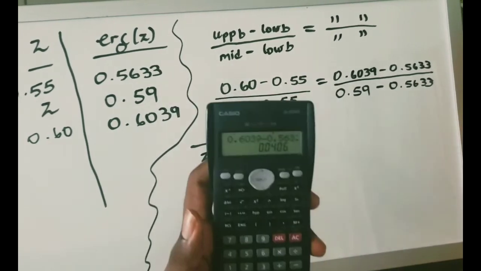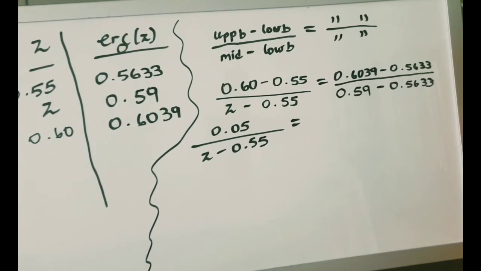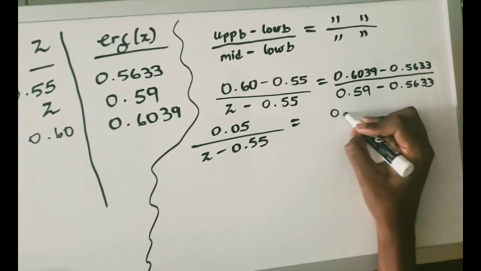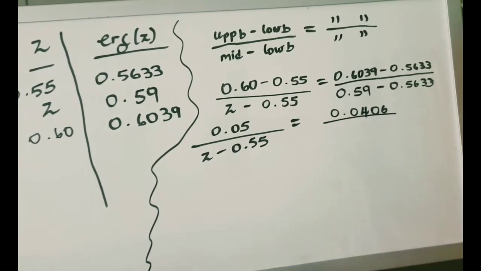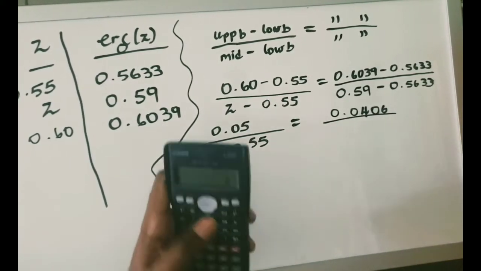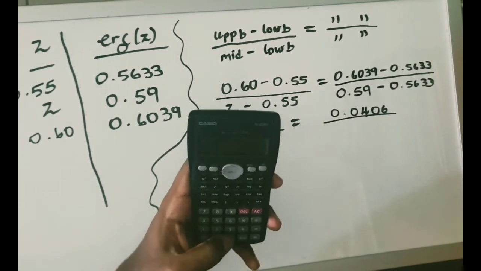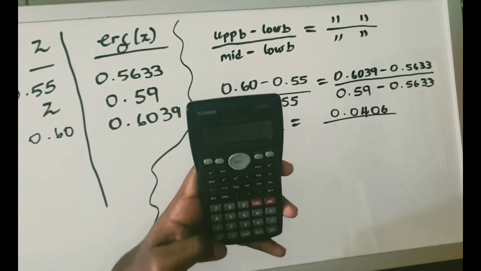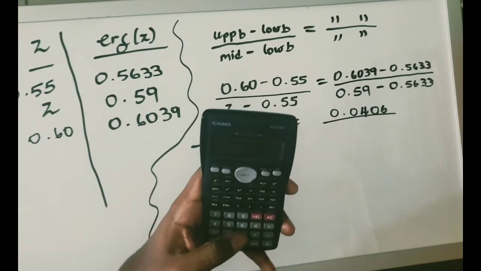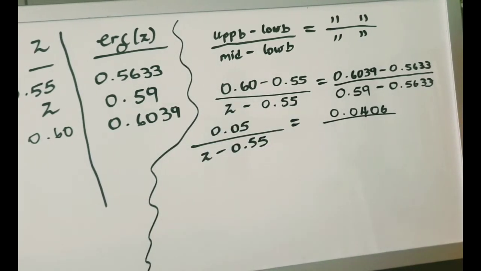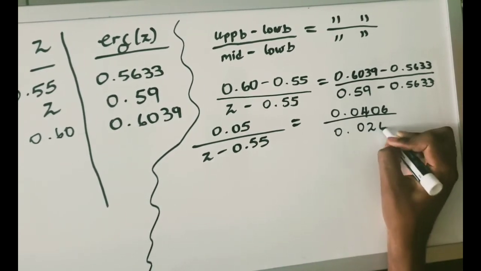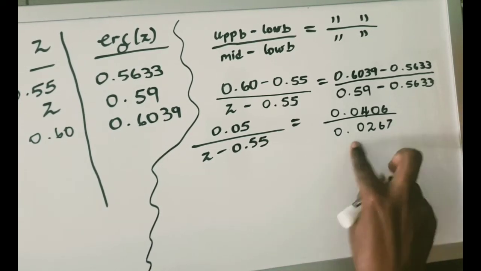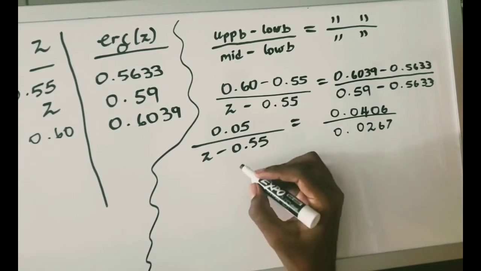That works out to be 0.0406. And then let's work out 0.59 minus 0.5633. You can see the value there. So that is 0.0267. Let's just work out this fraction quickly and turn it into a decimal.